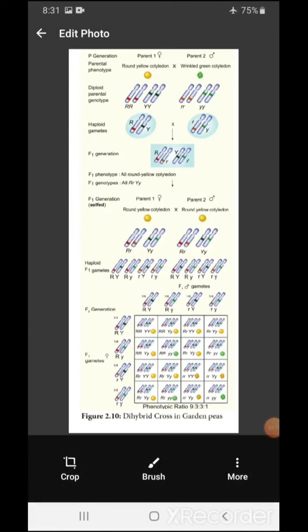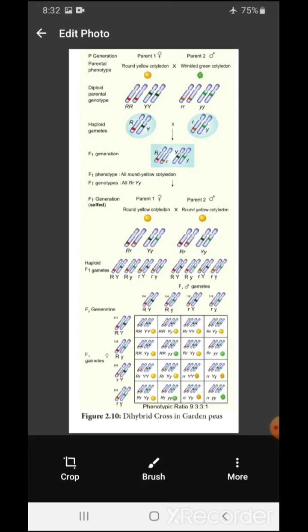So this is the outline of the cross for Mendel's dihybrid cross in Pisum sativum. In this chart we refer to the parental generation, the female as well as the male. Parent one is the female, parent two is the male. The parental phenotype is round yellow cotyledon, and wrinkled green cotyledon is parent two, the male.